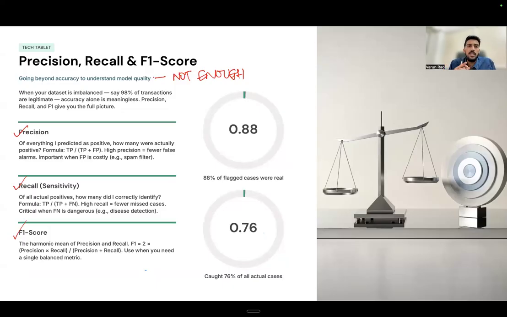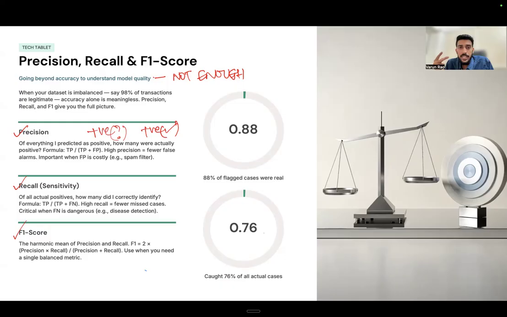Precision talks about, of all the values that I have predicted as positive, how many are actually positive. Then you have recall. Recall talks about, of all the actual positives, how many did I correctly identify?